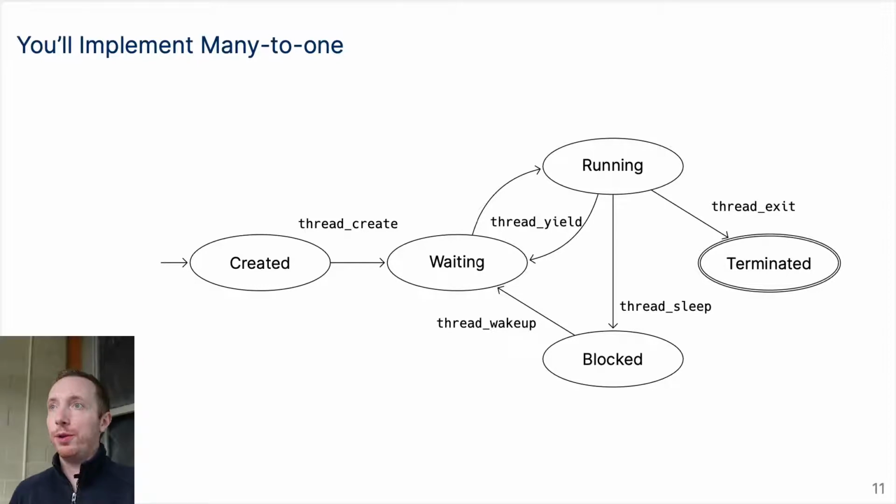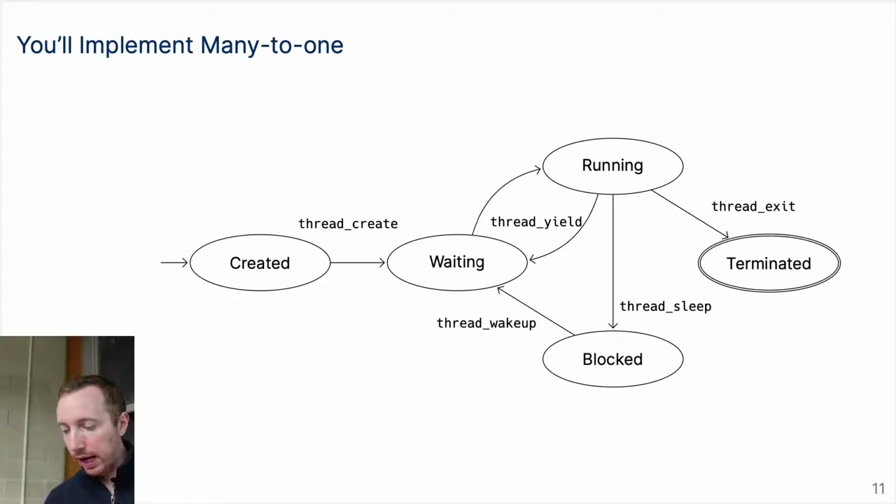So the code you have to implement in lab 2: you'll have to create a function called thread create, which will create a thread, allocate some stack space, and initialize some structure that will hold all the registers so you can context switch. Whenever you're done creating a thread, you can have a double-ended queue full of threads that are waiting or that can execute, and put the new thread at the end of that queue.